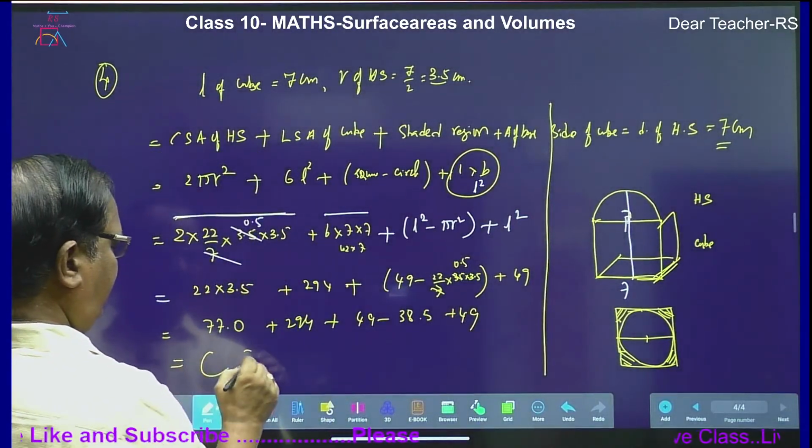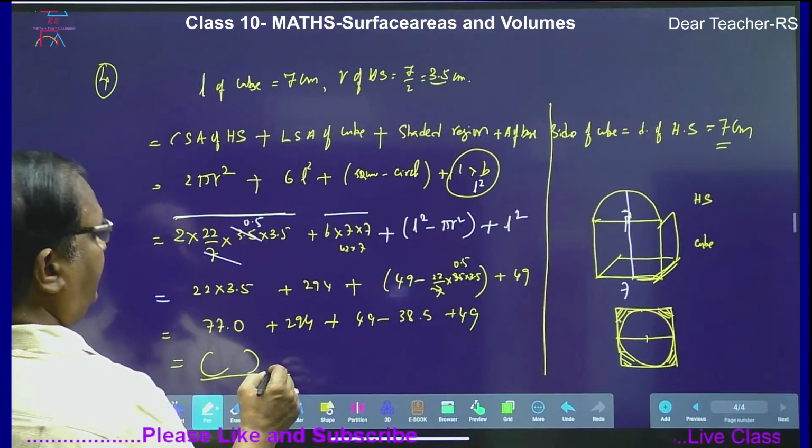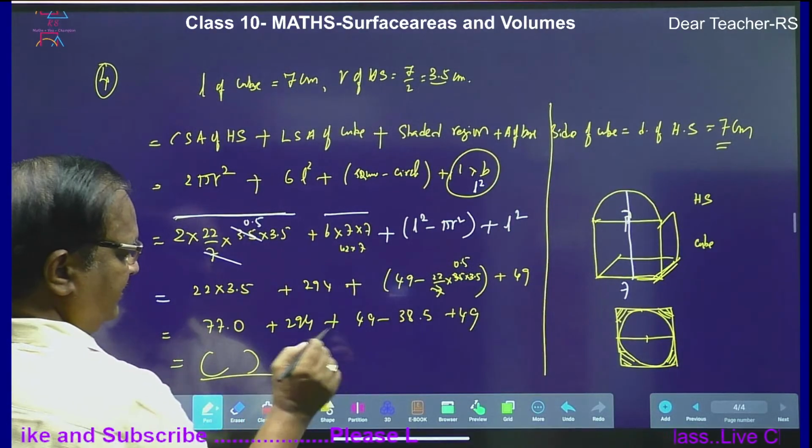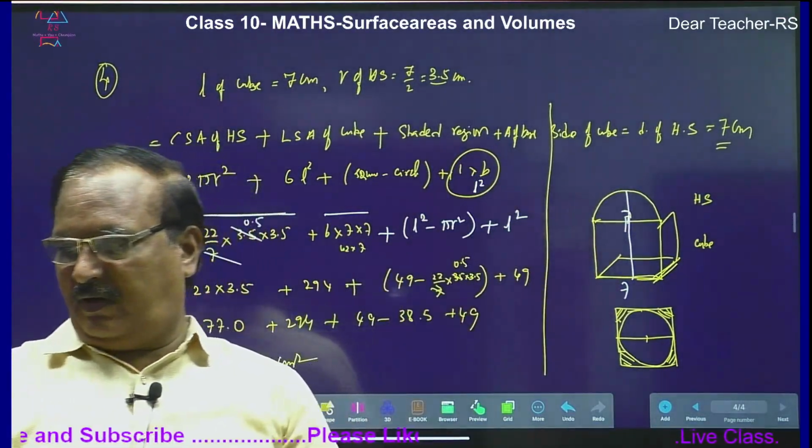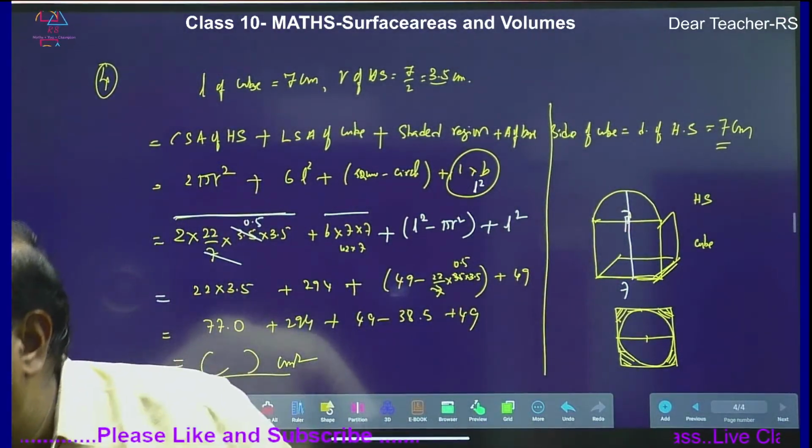So this will be the surface area of the entire block, okay.